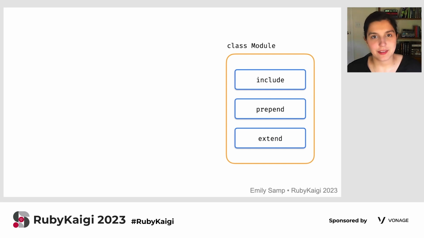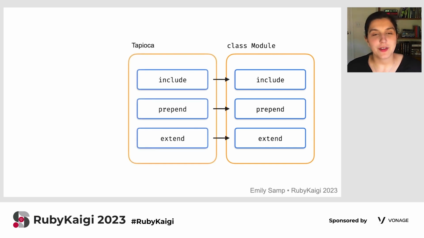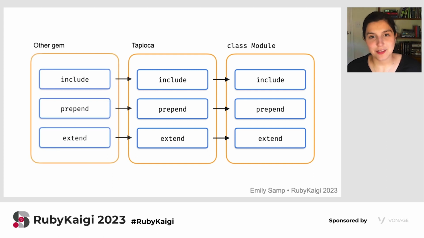Let's imagine that we decided to override the include, prepend, and extend methods in Tapioca. Now, imagine that a developer is using Tapioca along with some other gem that performs the same overrides. Depending on the load order of the gems, it may be the case that the other gem gets placed earlier in the ancestor chain than Tapioca, and its methods get called first.